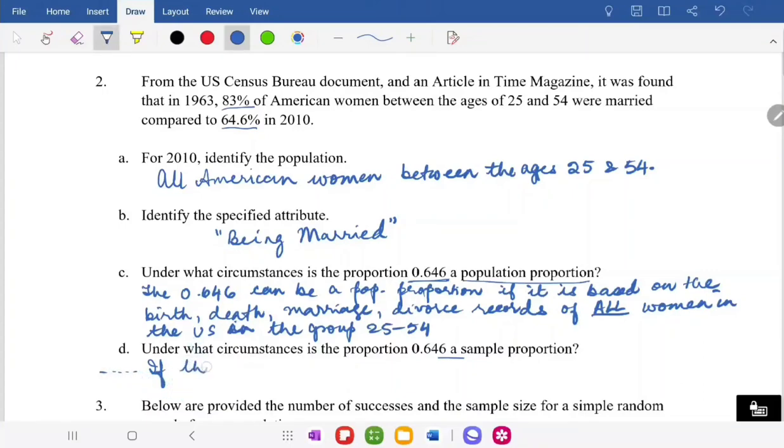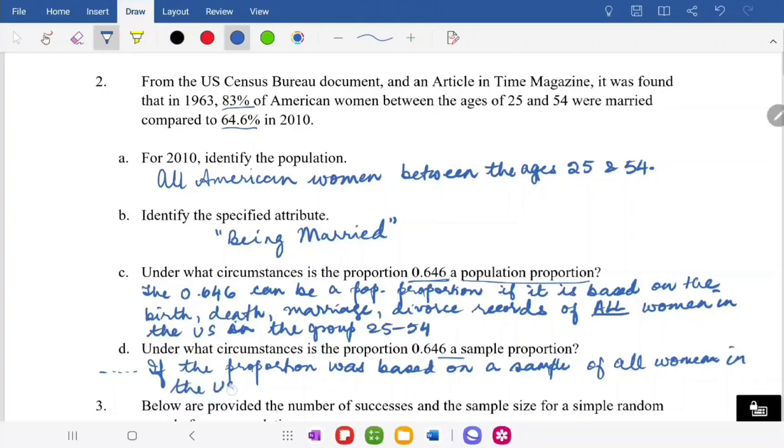If the proportion was based on a sample of all women in the US in the age group 25 to 54. That's all right?